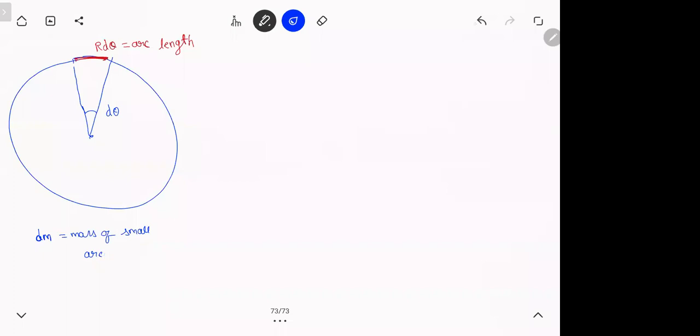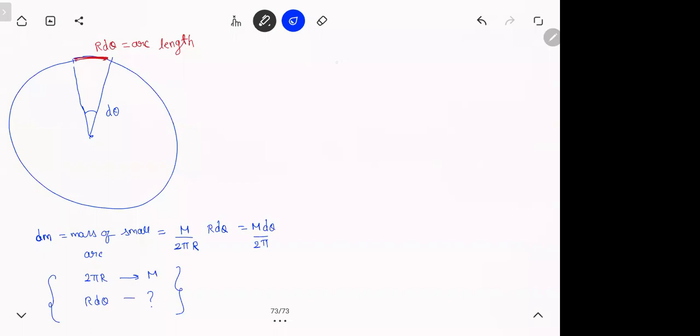That will be m by 2 pi r, the mass per unit length, mass by total length, into length of that small arc. In case you're confused, how did you get this? For 2 pi r, mass is m. For r d theta, how much is the mass? Unitary method. Does that make sense? So this will be m d theta by 2 pi.